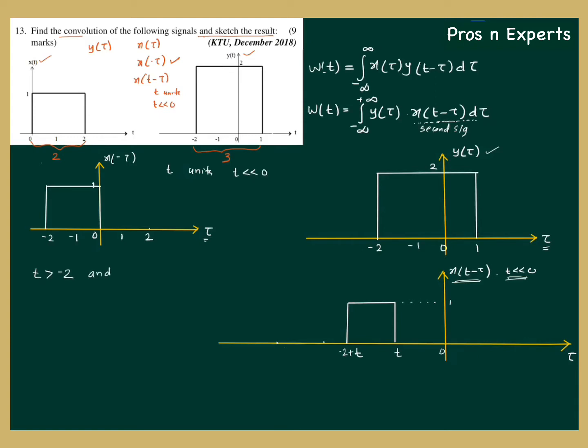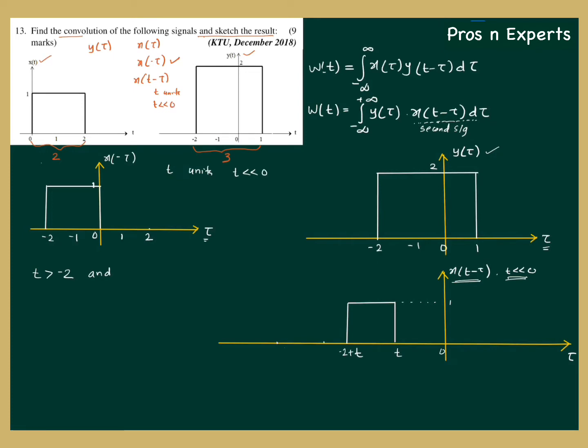And it's not over. What happens to the trailing edge? The trailing edge is still behind y of tau, it's not overlapping with y of tau. The trailing edge not overlapping with y of tau means -2 plus t, or t minus 2, is less than -2.